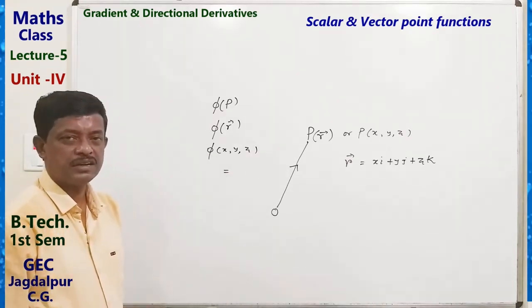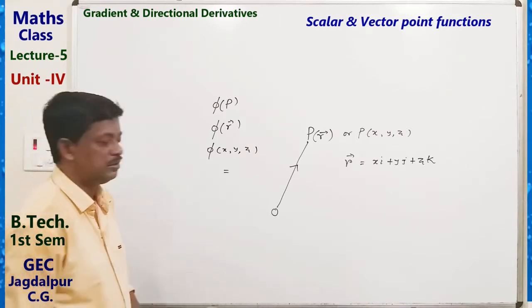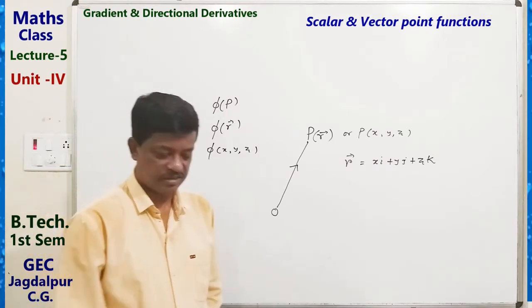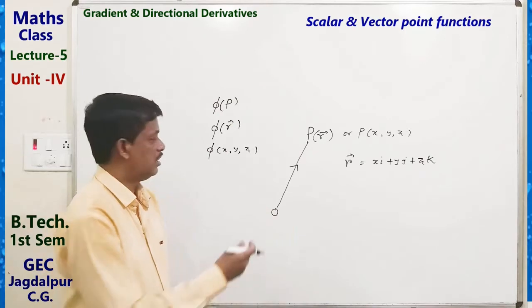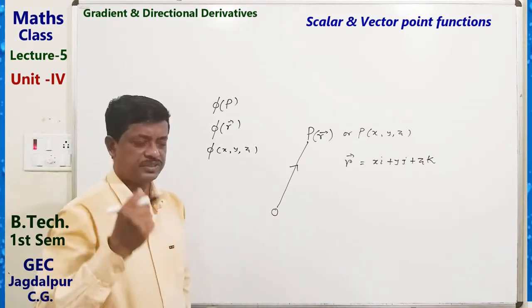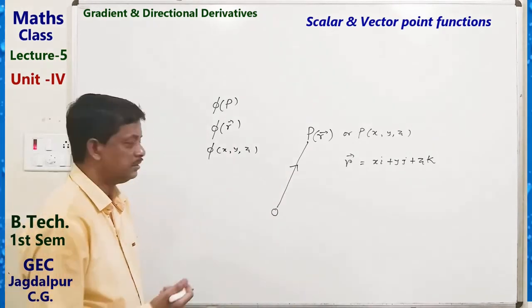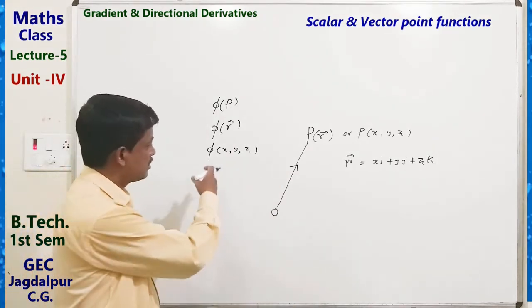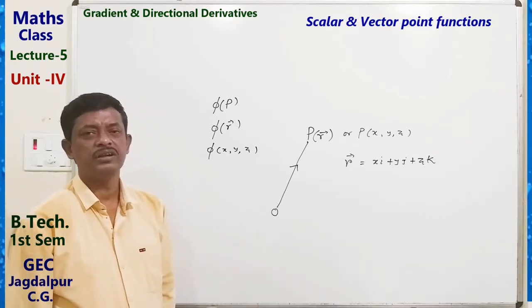So phi of x, y, z is a scalar point function. For example, temperature distribution in a heated body, density of a body, and potential under gravitational force are all scalar point functions.